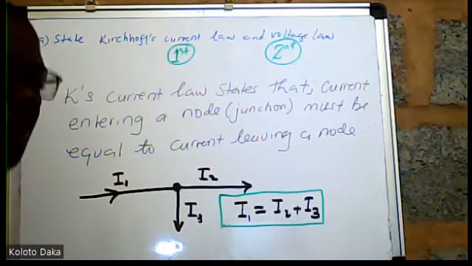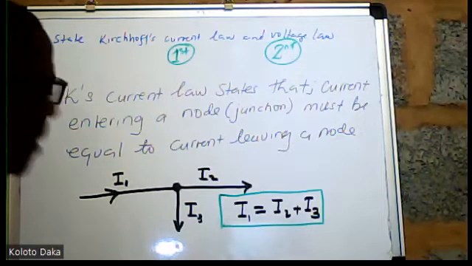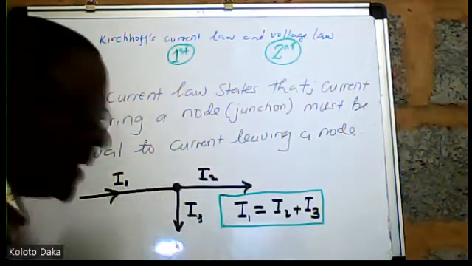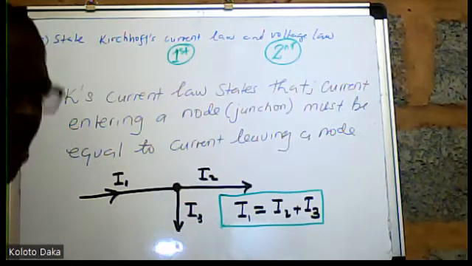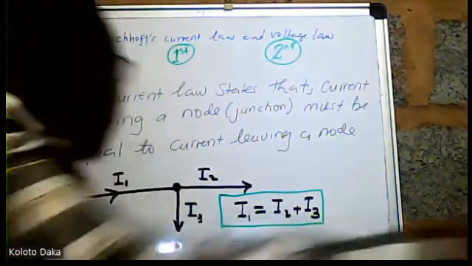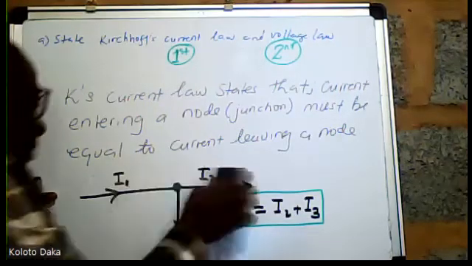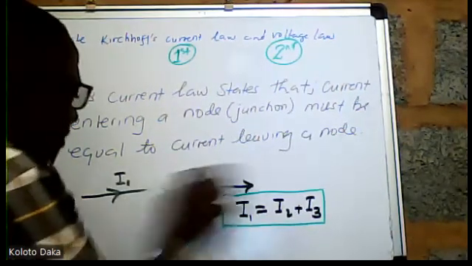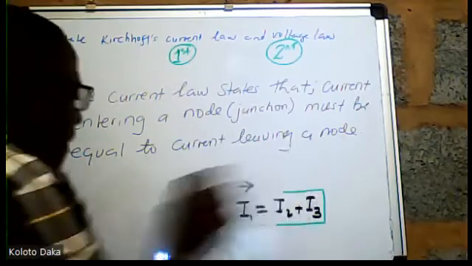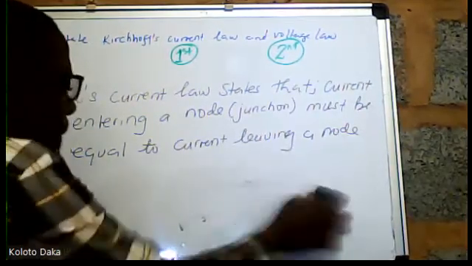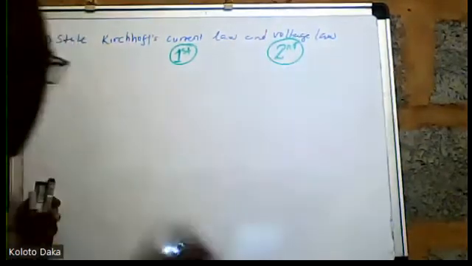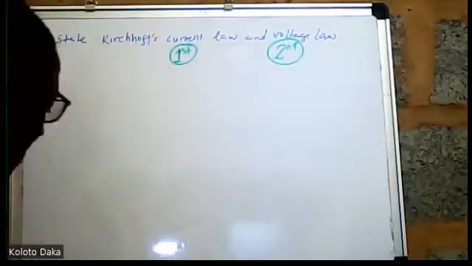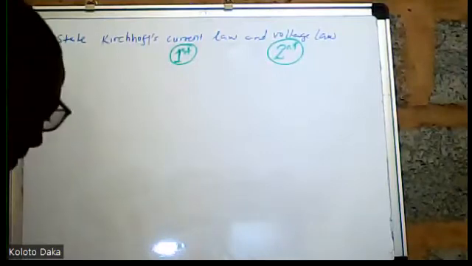Equally, current entering a junction should always be equal to the current leaving a junction. Why? Because current has nothing to do at a junction. Okay? That's the first law.